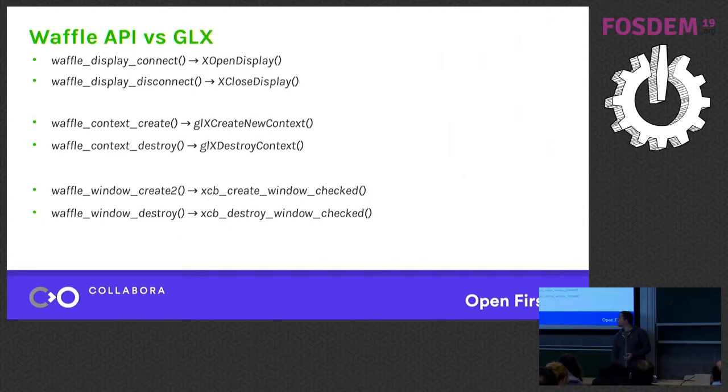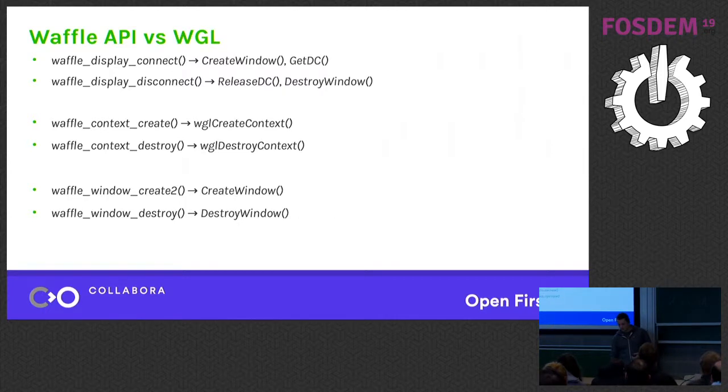Another quick example is the GLX. As you can see, fairly similar. As you know, XCB can be used to manage the windows. We have a GLX explicit API for context creation, but we don't have a GLX API for connecting to the display, so we have to use the X APIs.